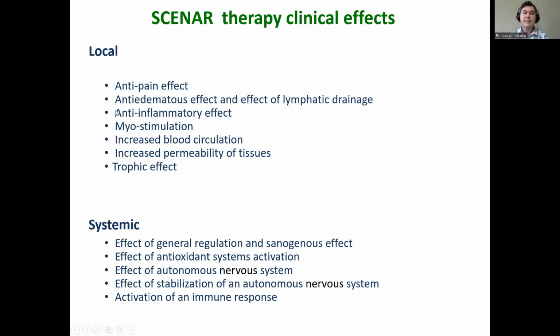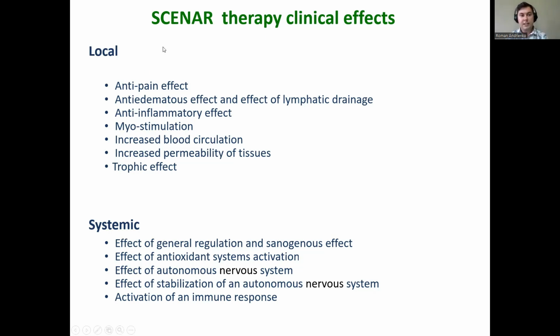We get the anti-inflammatory effect, and believe me, watching the inflammation go away is something really cool. We have the effect of myostimulation. We can work with muscles. We improve the blood circulation. We increase the permeability of tissues, which provides for better functioning of our inner mechanisms. And we increase the trophicity of tissues, which is also great and not the least.